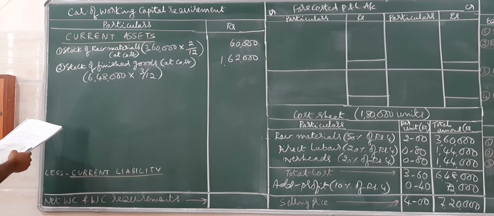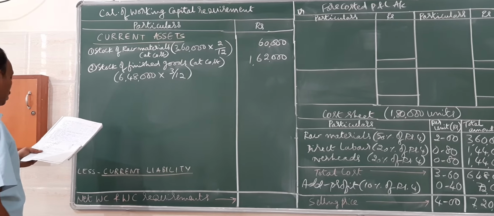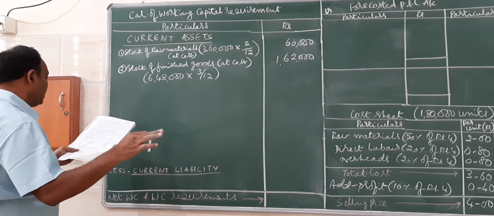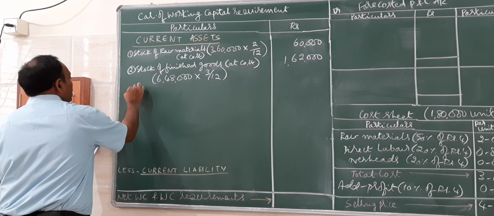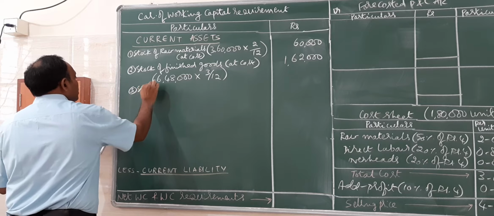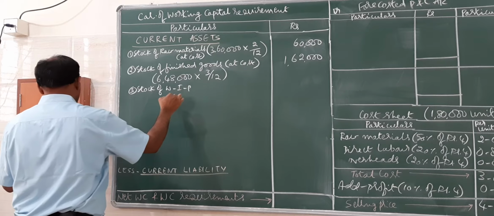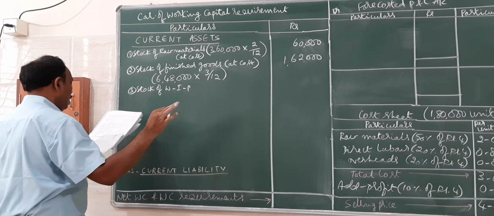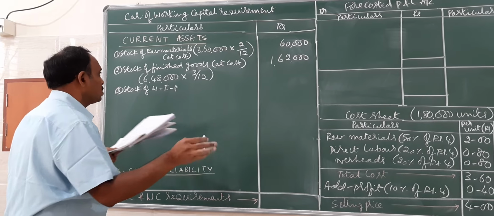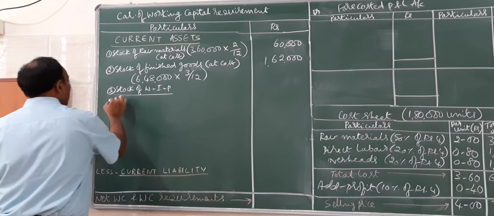Next is information number F. Each unit of production is expected to be in process for half a month. In process is work in progress. So stock of work in progress for half a month. They have not told how much is completed, so we have to make some assumption here.